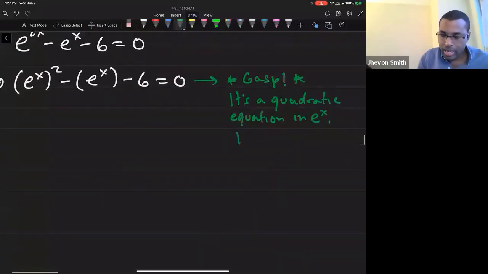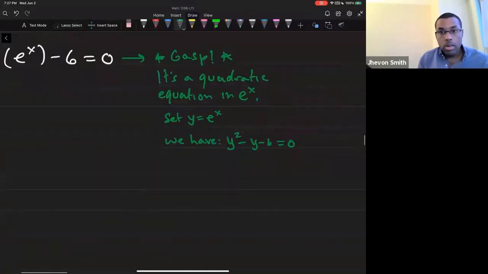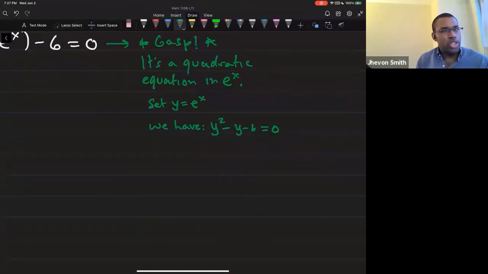So it's kind of like, if you set y equals e to the x, you'll realize what you have is y squared minus y minus 6 equals 0. And if you saw something like that, you should know how to deal with it. You'd factor.